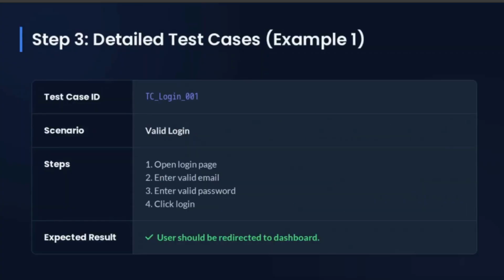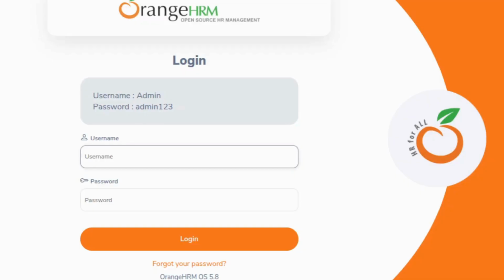Now let's look at the first example, writing a detailed test case. The scenario is: verify the login with valid credentials. Steps: open the app or website. Enter the valid email or username.